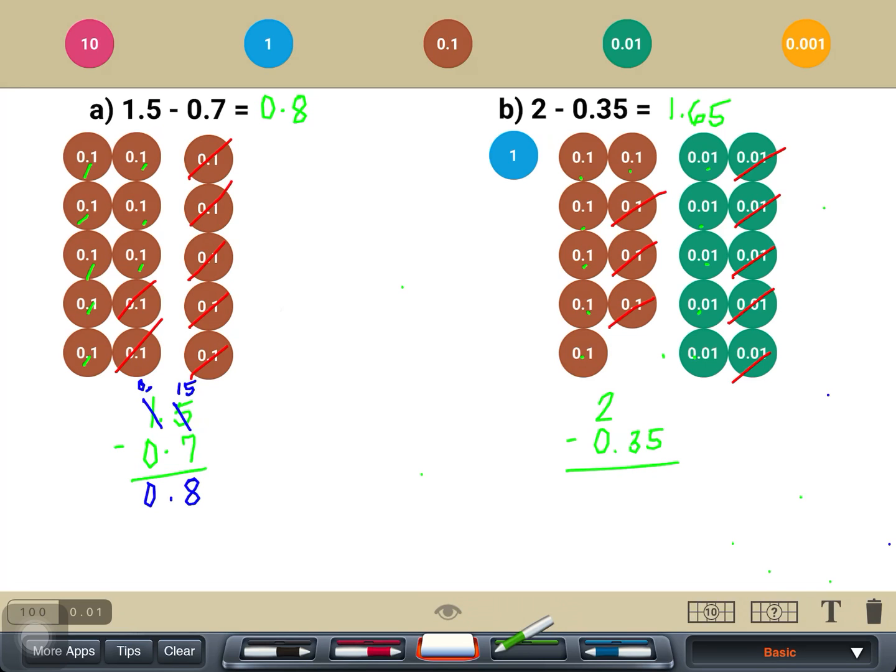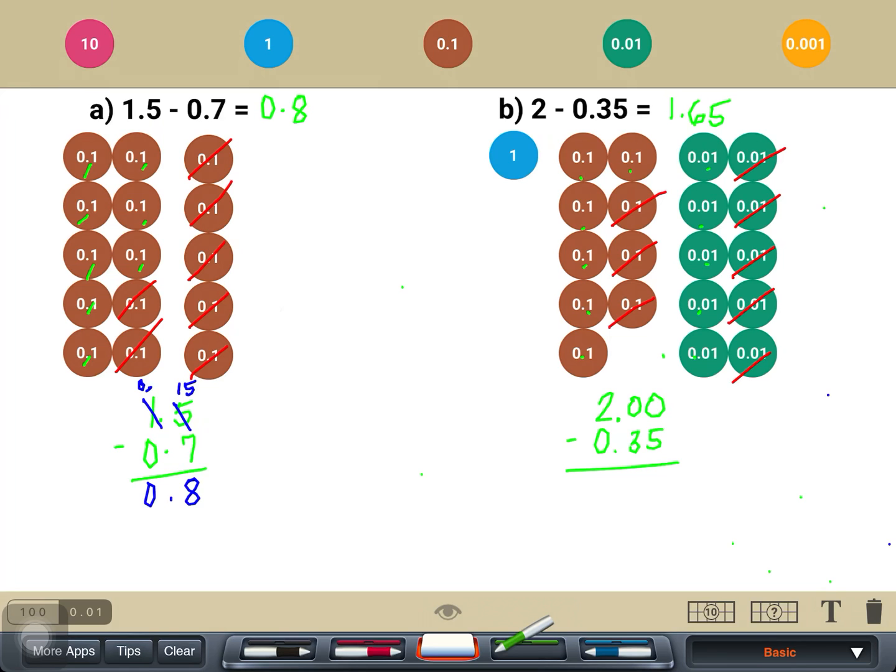Okay, now if you're thinking, where will I subtract it? Well, remember that the 2 wholes here is actually equal to 200 hundredths, or you can just put 2 zeros as the placeholder. Okay, so 200 hundredths. Now knowing this, I can now regroup.